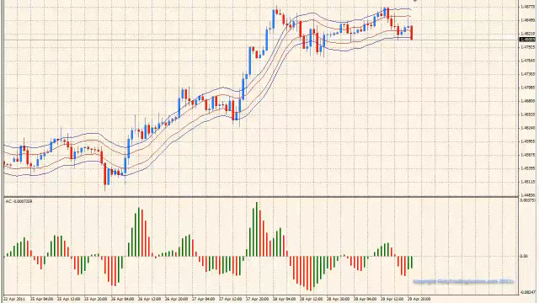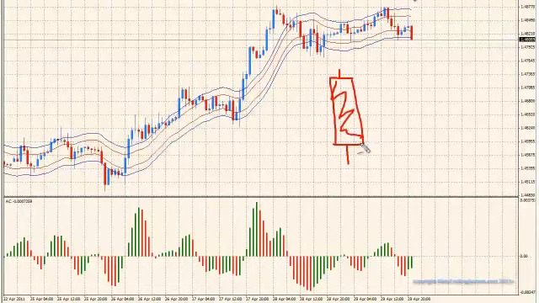If you're not familiar with Forex, this is how candles are formed. Here is your upper wick, your lower wick, and inside is your real body. If the trade is going up, this area will be the close for the bull candles.